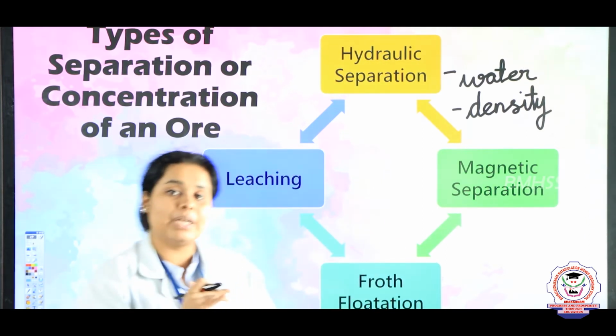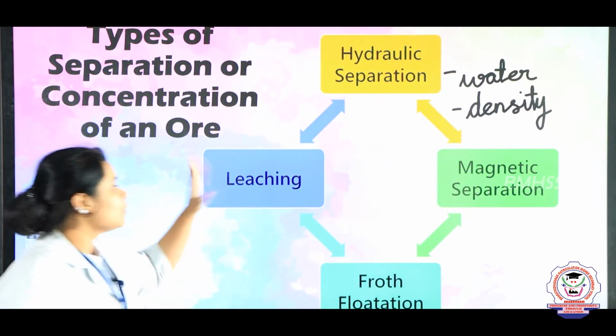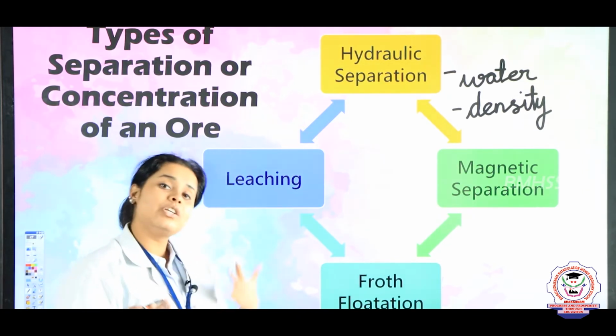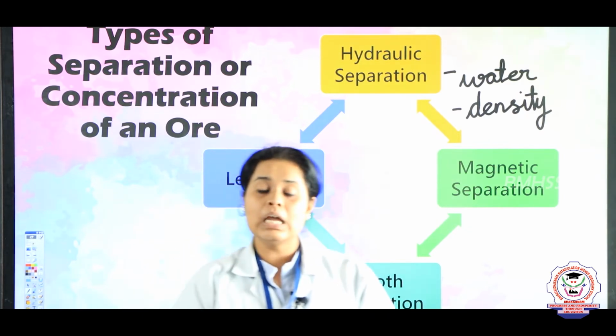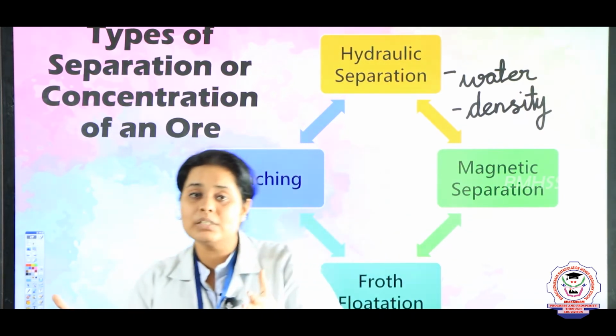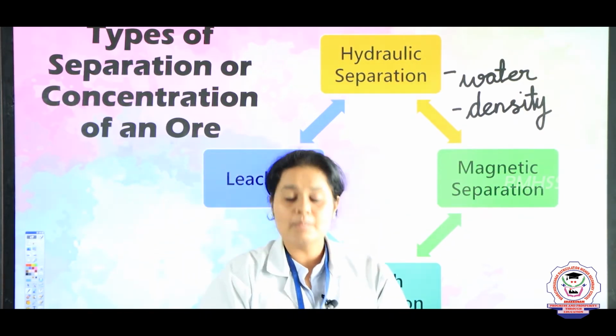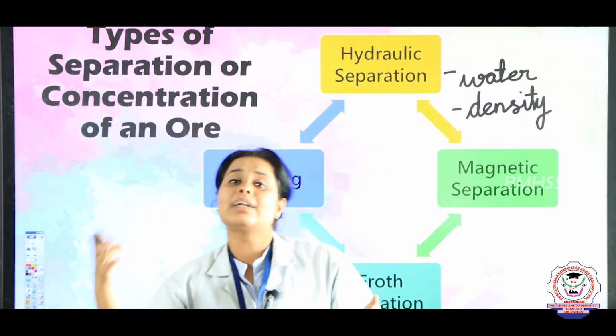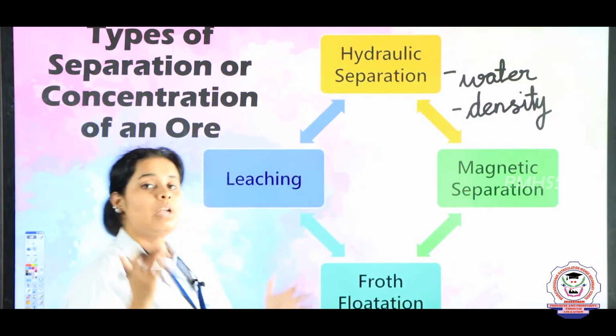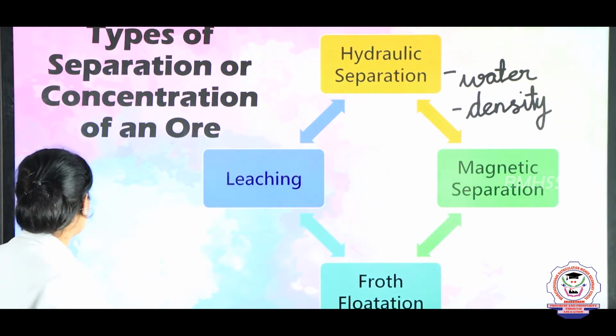This way we can separate the substance. The last one is leaching. Leaching is a process where you take a liquid or a solvent in which you add your mineral, and later you extract the metal from that. Now let's see in detail.